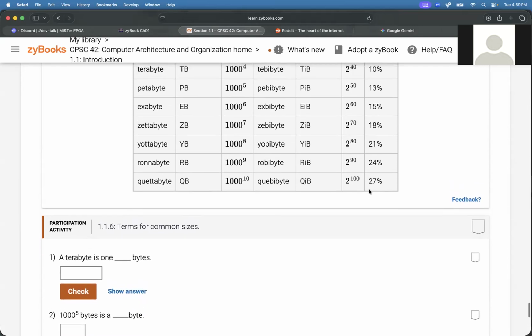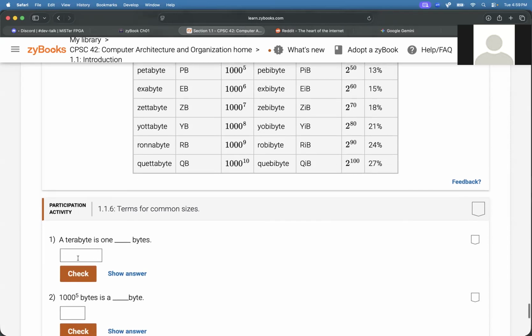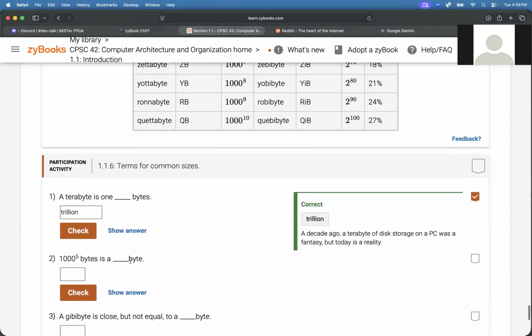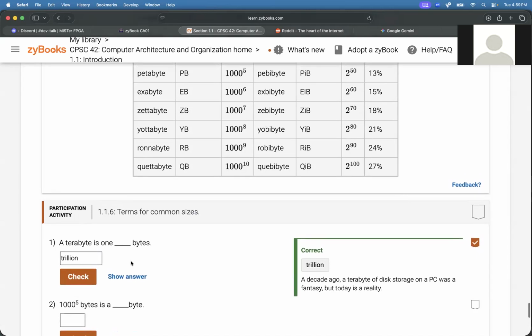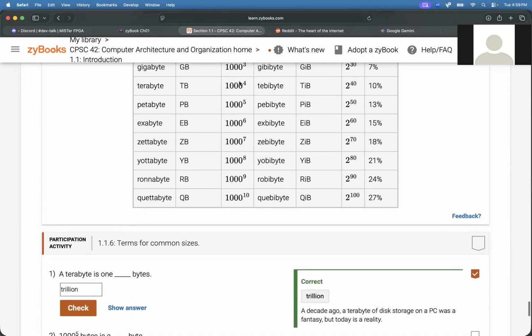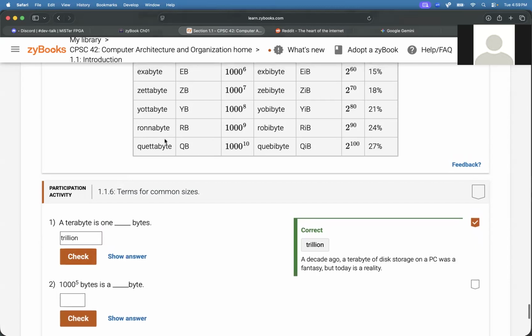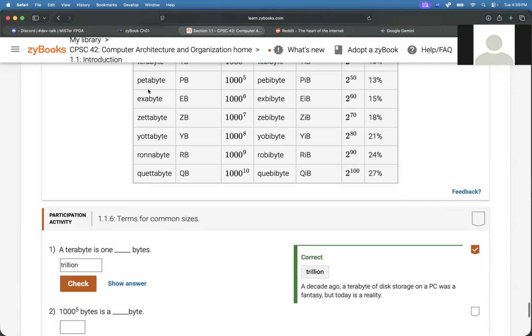So I think we're just typing here. The question is, how do they want us to type this? It says a terabyte is a trillion bytes. I think they want the word trillion. And so that's 1,000 to the fourth. It says 1,000 to the fifth is a petabyte.